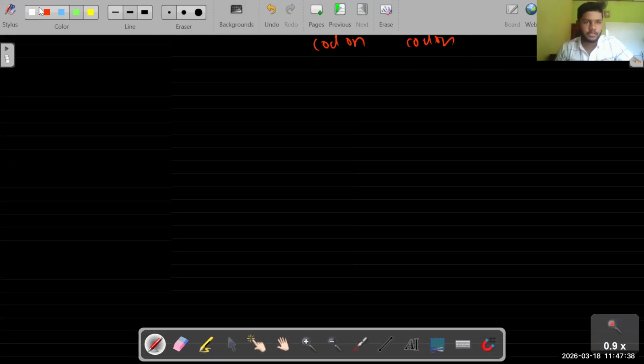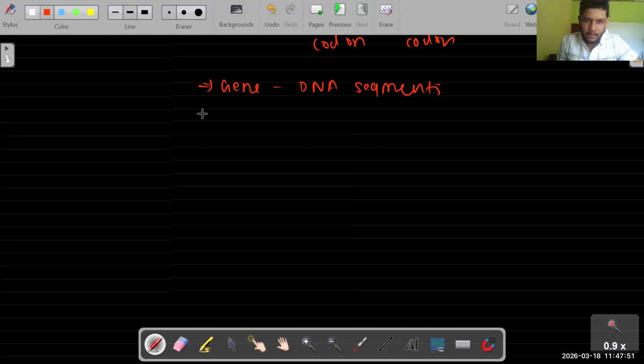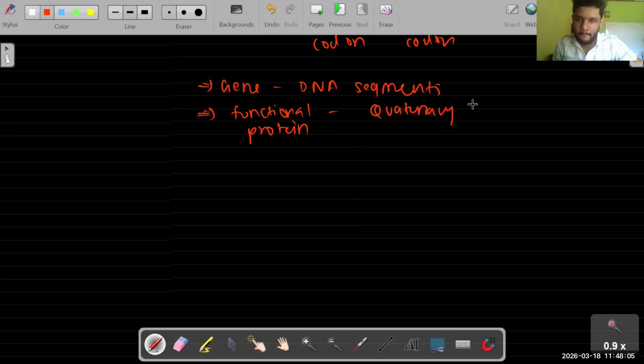Now if you want, just note it down. I said that when you come across the word gene, remember DNA segments. When you come across the word functional protein or functional form of protein, remember it is in its quaternary or tertiary form.